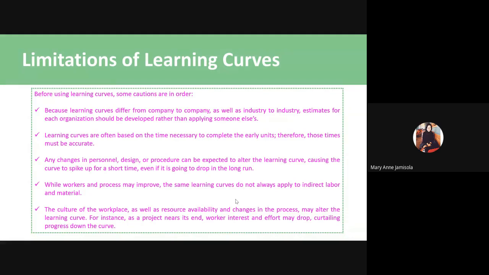Because of your loss of interest and motivation, that will also affect your efficiency in your work. So now there is a human factor. That's why we can say that whatever is the assessed learning curve rate at the very start of the production will not always be the same learning curve rate as the production progresses.